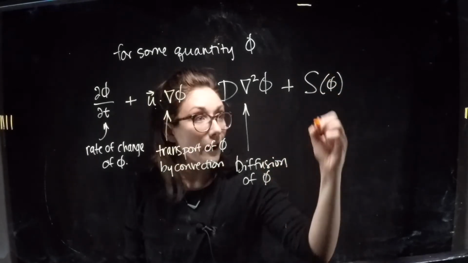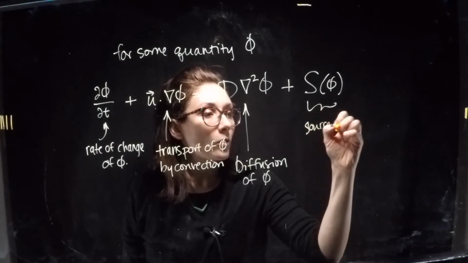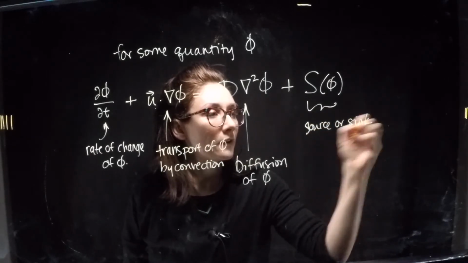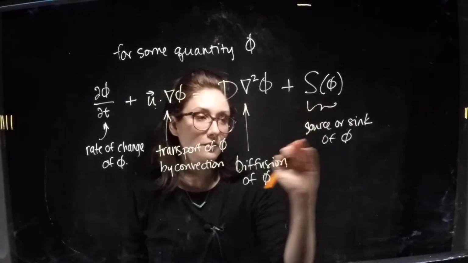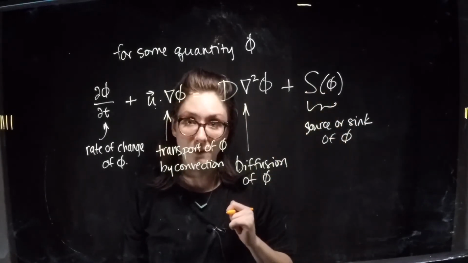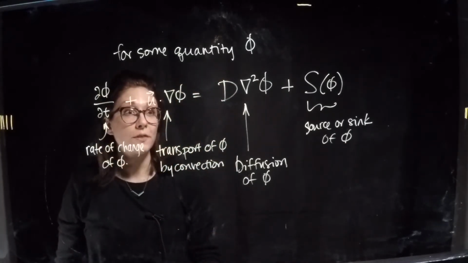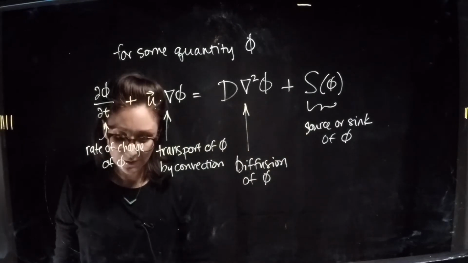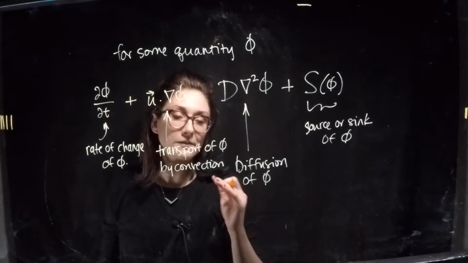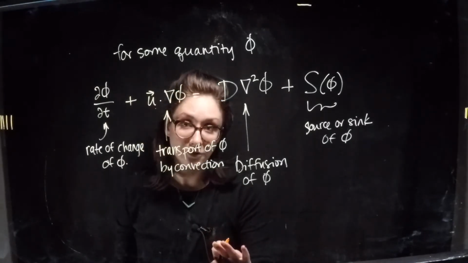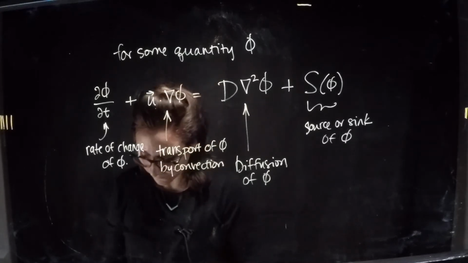So this will be our source or sink of phi. As it's written here, this would be a source. If it becomes negative, it would be a sink. Okay, so this is our general form, and you're going to see as I write out the conservation equations of mass, momentum, and energy, they all take on this exact same form.